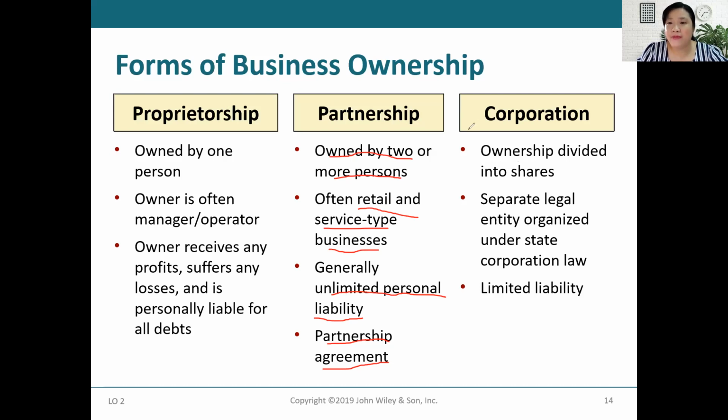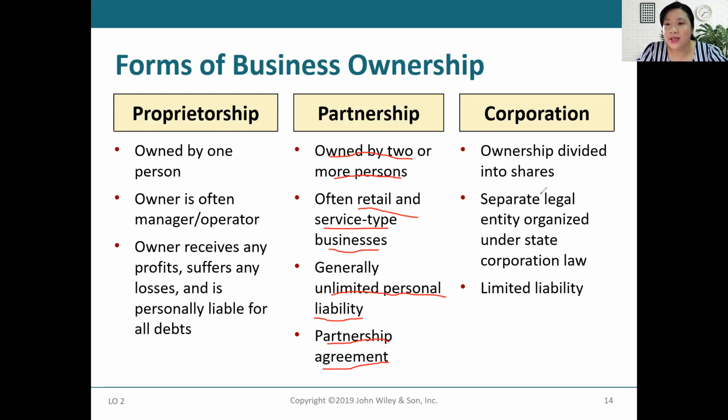Now next we have the corporation. Well, for a corporation, we will have so many owners, okay? Those who purchase the shares or the stock of the company will become the owners of the corporation, okay? So the owners, we call them investors also, or shareholders.